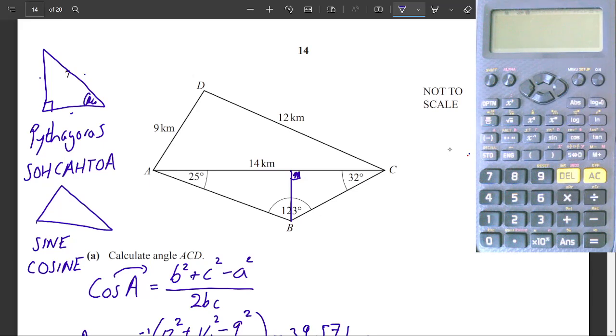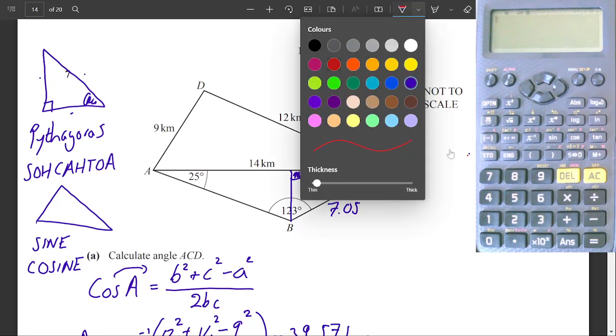What do we have in that triangle? Well, we've got what they've just told us. BC is 7.05, and we've got this angle that is 32. We've got a right angle triangle, which means we're going to use Pythagoras or SOHCAHTOA, because we're involving an angle, SOHCAHTOA. So let's label the sides of this triangle.